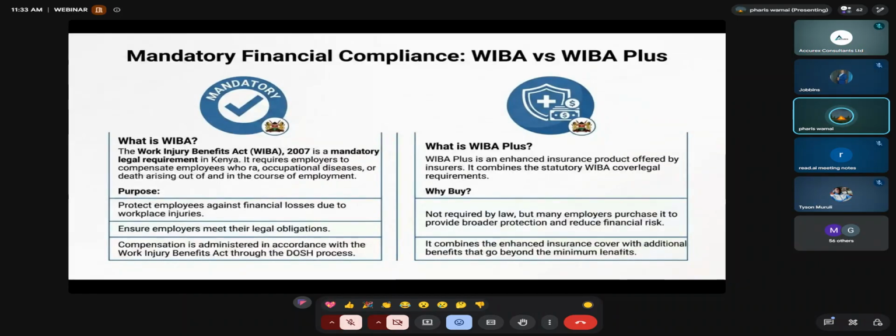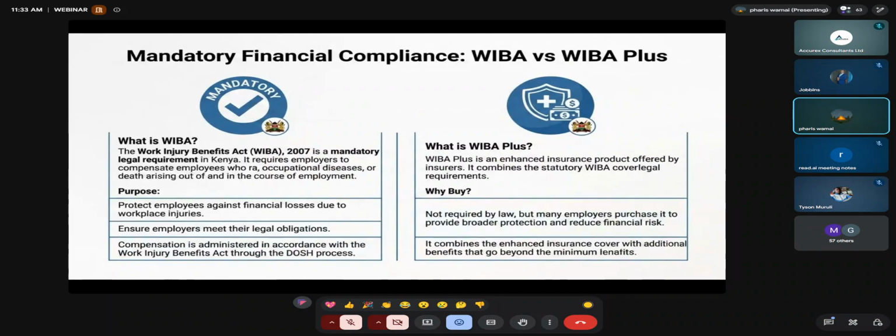So in this scenario, the simple answer will be no, unless they were traveling using company-provided transport, or the company has WIBA Plus. I think that is one very common example of the difference between WIBA Plus and basic WIBA, which is mandatory.